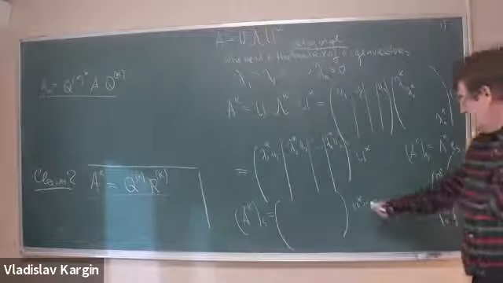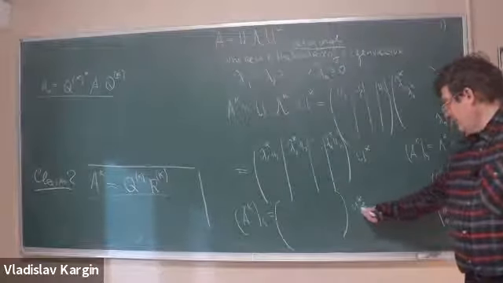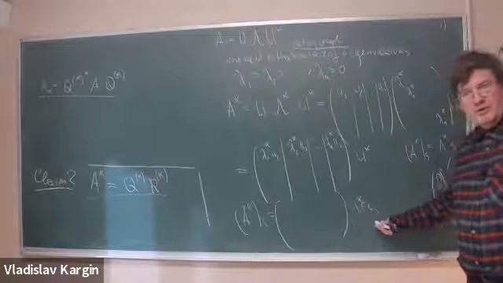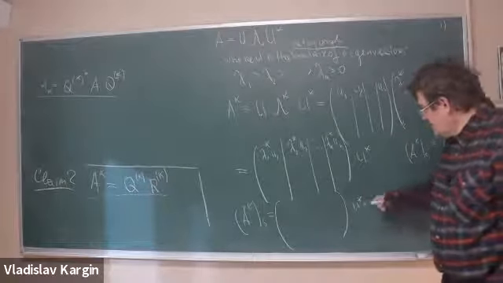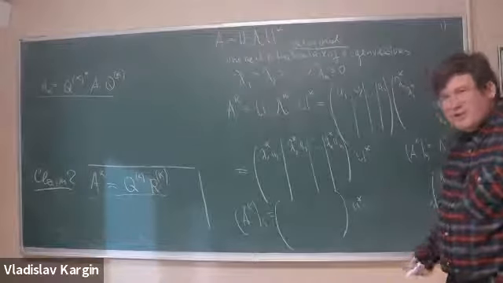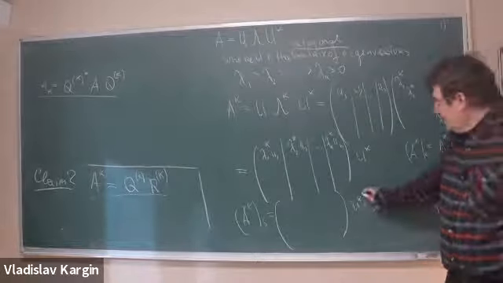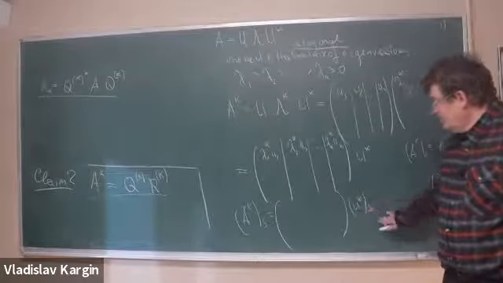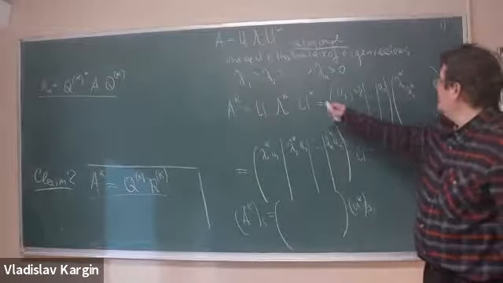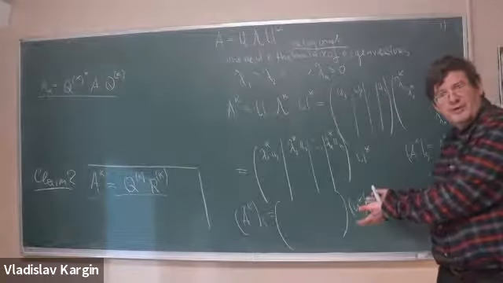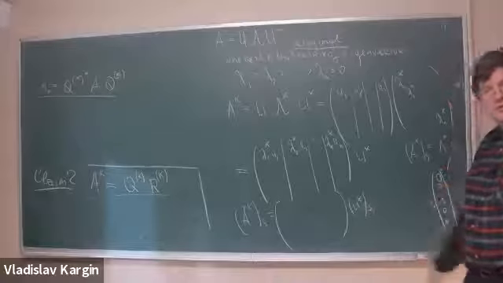This is the S column of U star. It's not U1, U2, UN, it's something different because it's a transposed matrix, but it's the S column of this matrix.